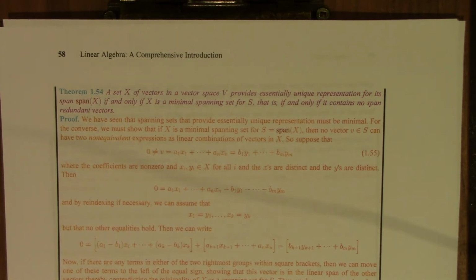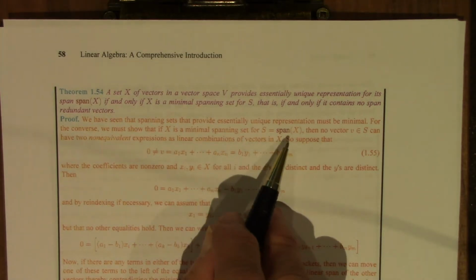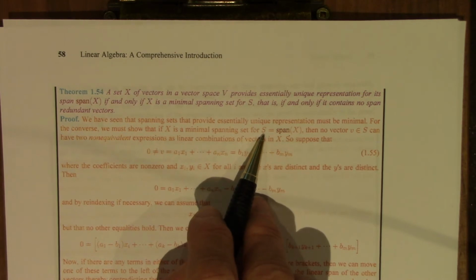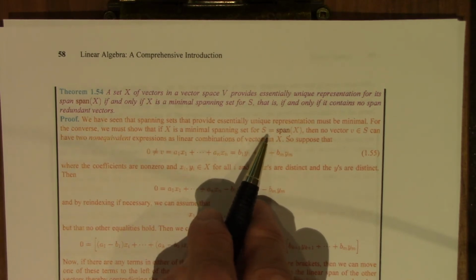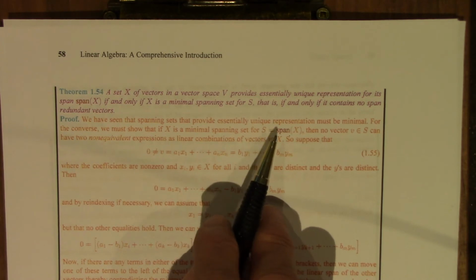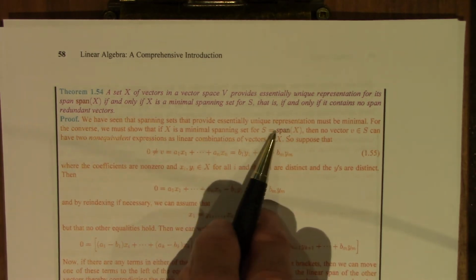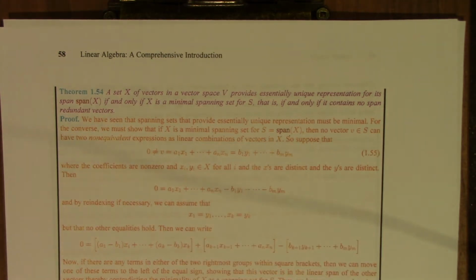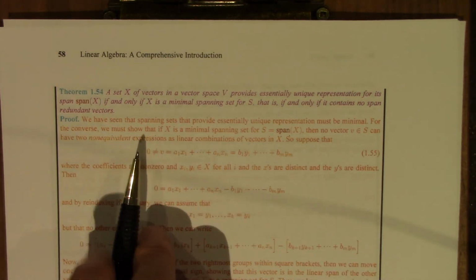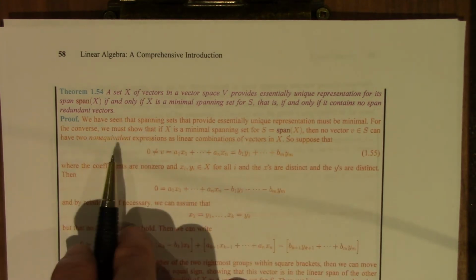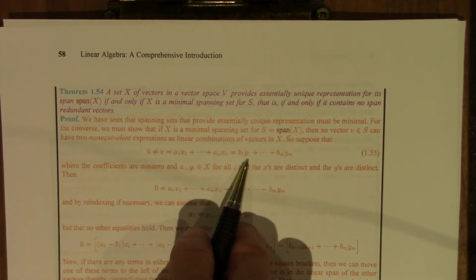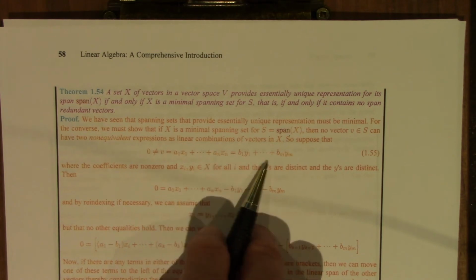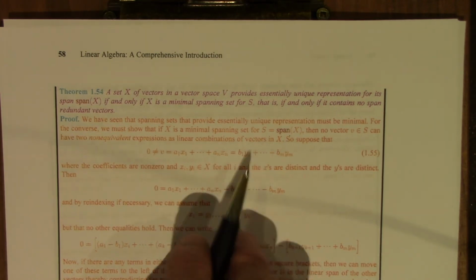We need to show that if X is a minimal spanning set for its span, which I'll call S, then X provides essentially unique representation, which means that no vector in S can have two non-equivalent expressions as linear combinations of the vectors in X.